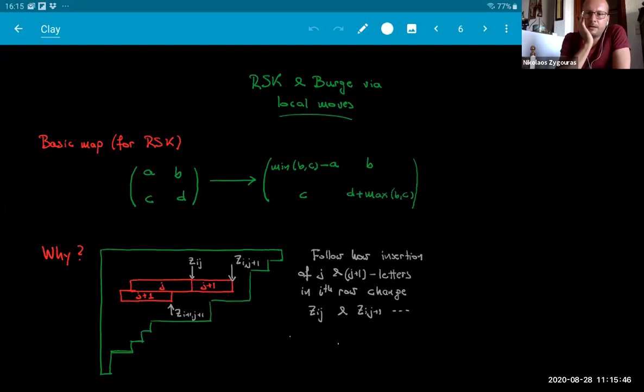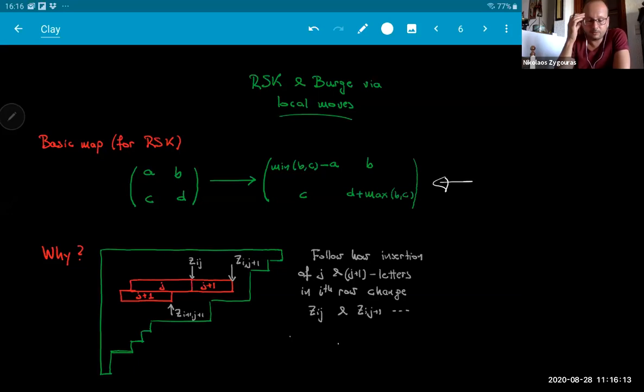Now, the approach that we have is a bijective approach. So I'm going to have a sequence of maps representing the combinatorial algorithm that I described earlier. The basic map in the description of either RSK or Burge correspondence is this mapping here.